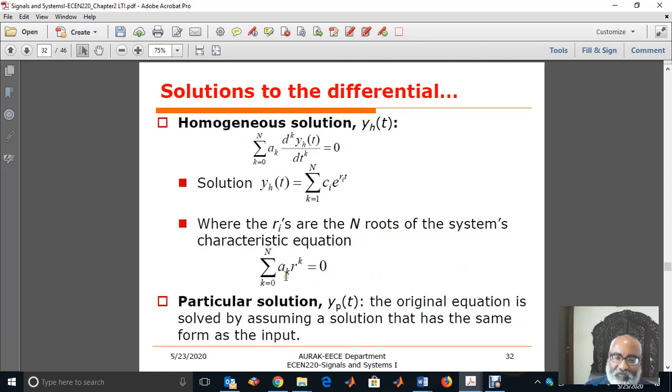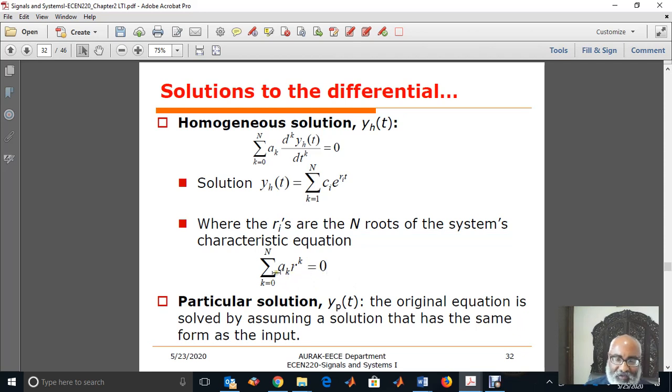The a's we collect from the differential equation. Then this equation will be a function of r. So it means solving a polynomial equation in r, and then we find the roots of this equation. From that, we will determine the r's.